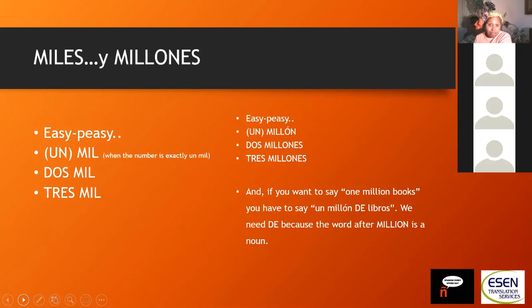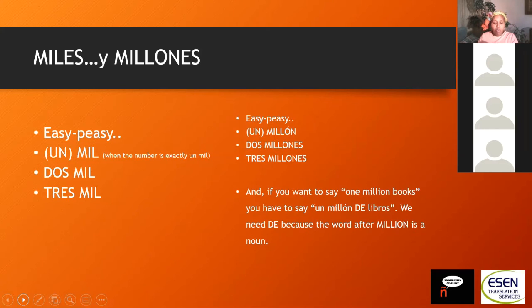But now when a number becomes an adjective, in other words, when the number is followed by a noun, because you're talking about how many books, houses, cars, dollars, whatever it is, now you're talking about a number not standing by itself, but describing the noun that comes after it.